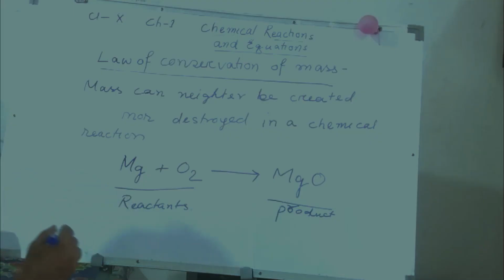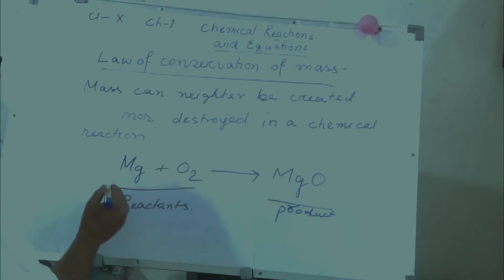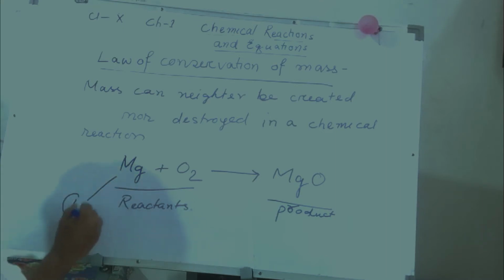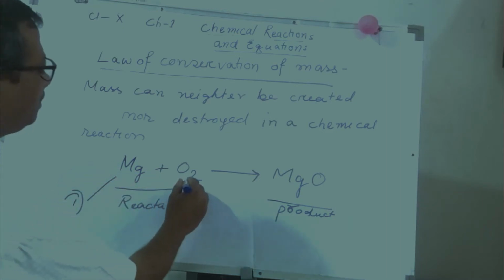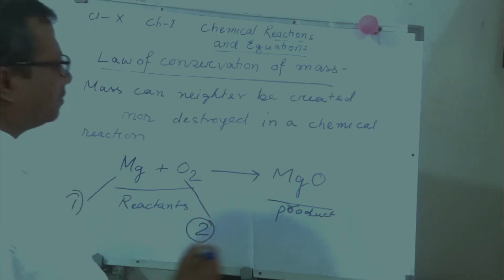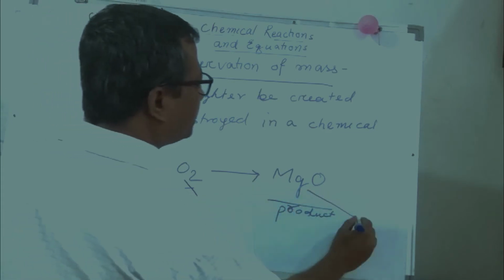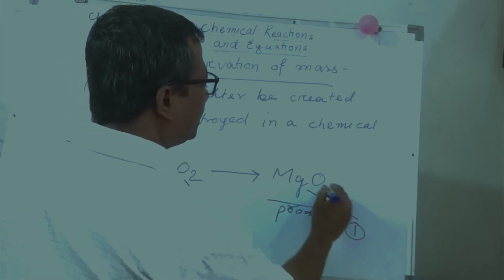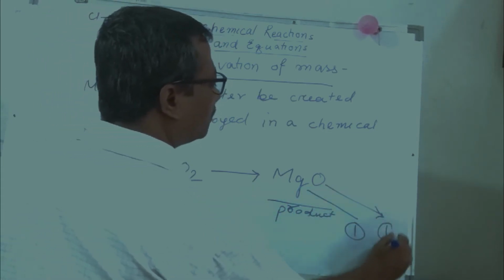Now, my dear students, here in this equation you see how many magnesium atoms are there in the reactant. There is only one magnesium atom. Here, how many oxygen atoms are there? 2 atoms. Now, here magnesium atom is 1, oxygen atom is also 1.